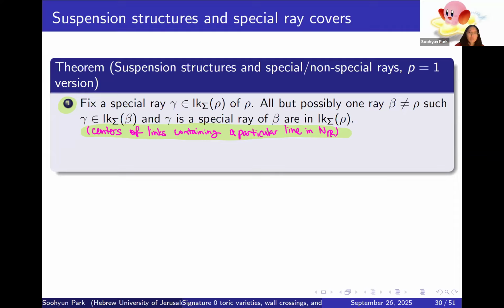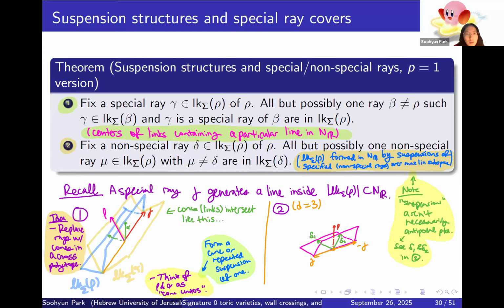So actually, everything we have is a cone or a repeated suspension of one. And for number 2, if we start with a particular non-special ray of a specific ray rho, then you have a similar situation with the possible non-special rays.